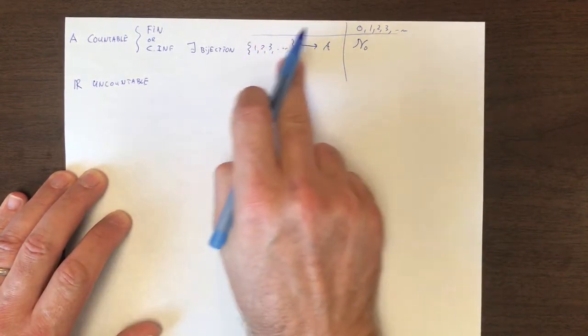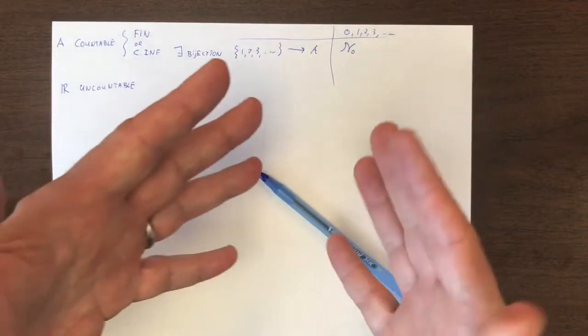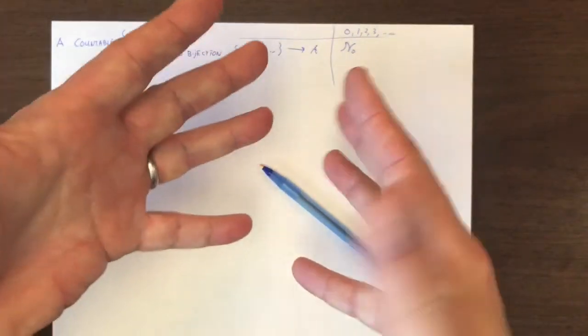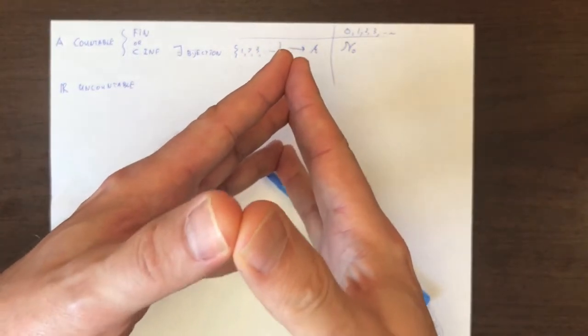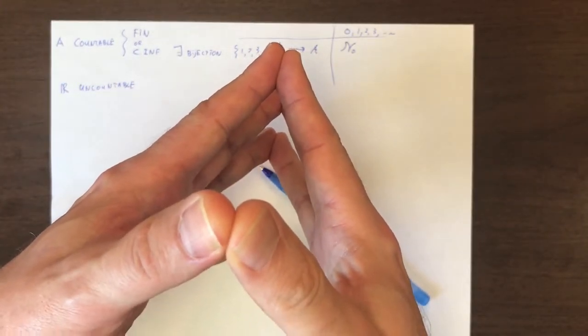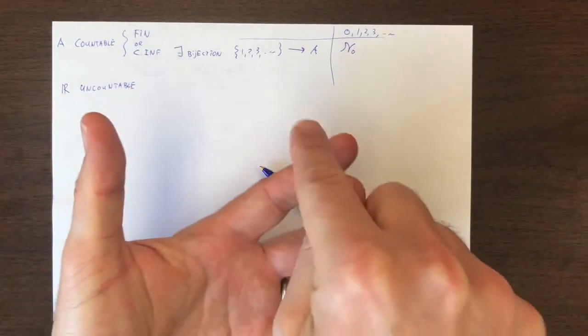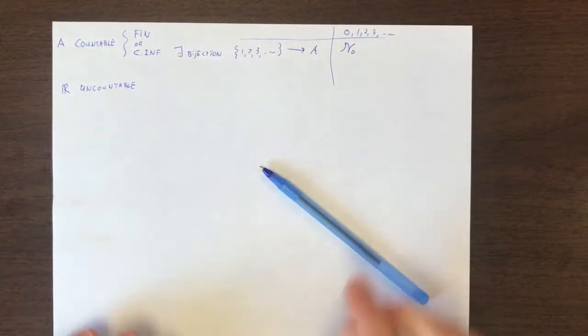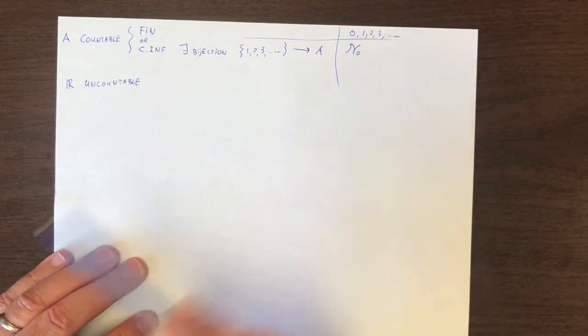But if there's a bijection between this set and this set, like for example here I have a bijection between the fingers on my left hand and the fingers on my right hand, then you know that the two sets have the same cardinality, even if you don't count how many there are. So any set that has a bijection with this set will have this cardinality.